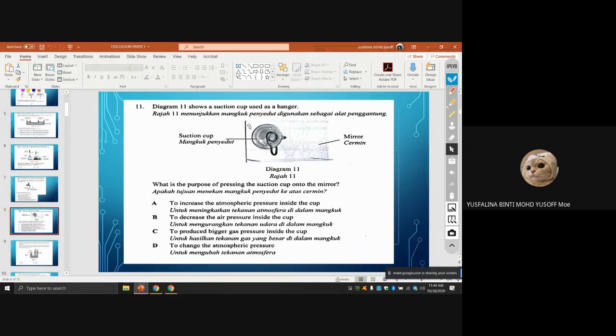Inside the cup there will be a partial vacuum after the air comes out. So the pressure inside the cup is now lower and the atmospheric pressure is higher. So you push the suction cup here and it sticks, and the hanger stays. So the answer for number 11 is B, to decrease the air pressure inside the cup.